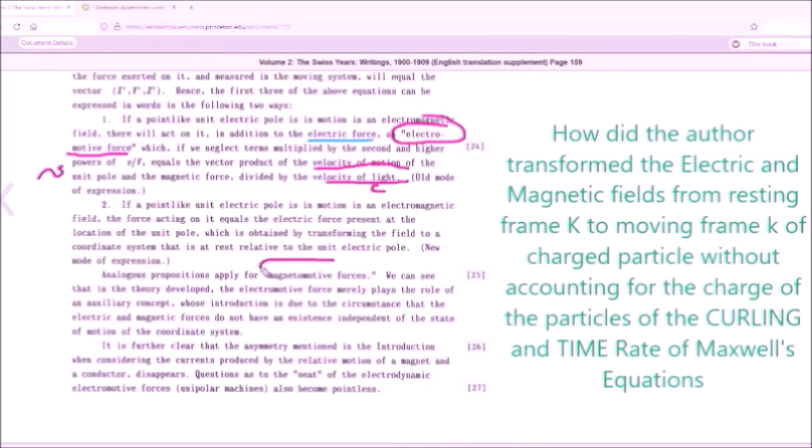Now he's applying the same on the magnetomotive force. Those are the second three equations. We can see that in the theory he developed his own theory.